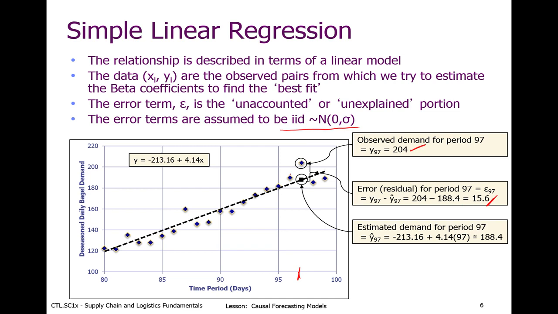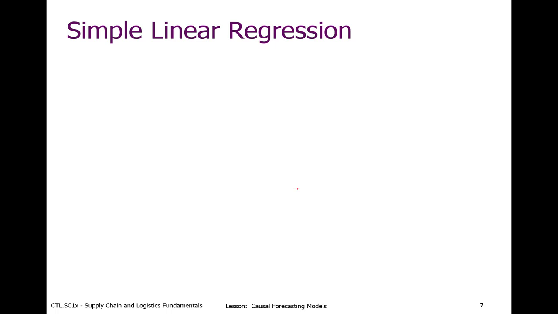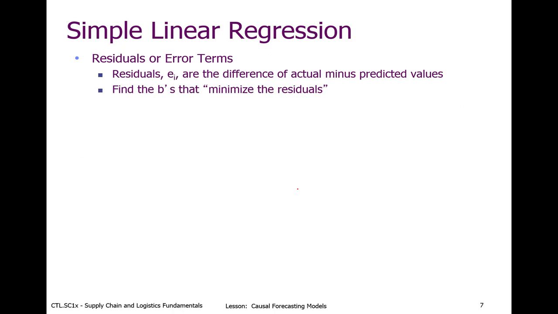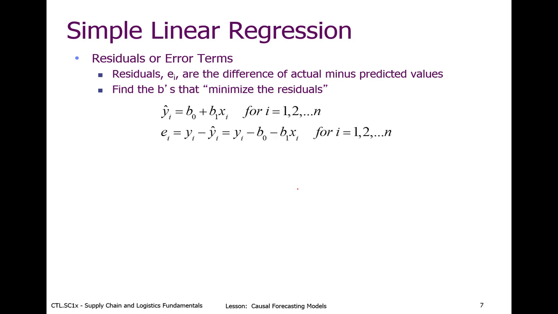And I could do this for each one of the observed values. And what I'm trying to do is to find this line that minimizes those residuals. So that's the whole thing that ordinary least squares, or regression, does. We try to minimize the residuals, because those are the differences between what actually happened minus what we predicted.